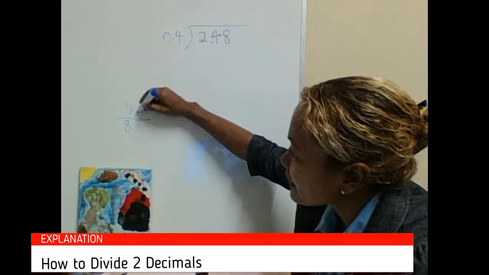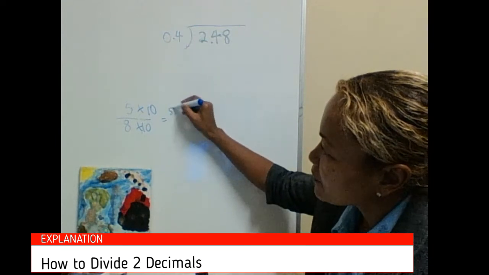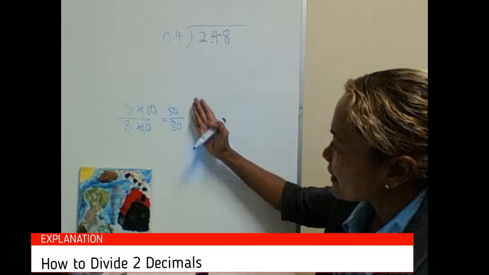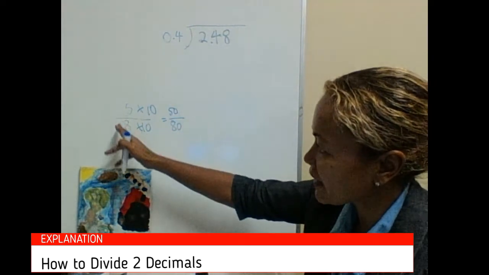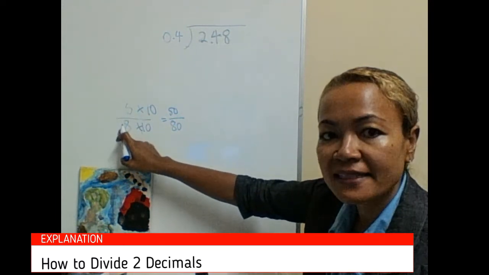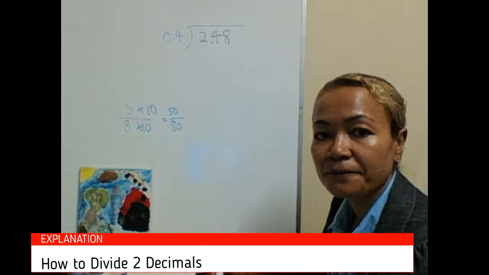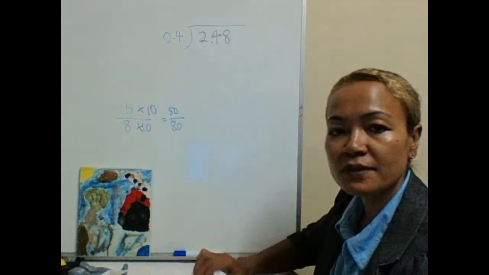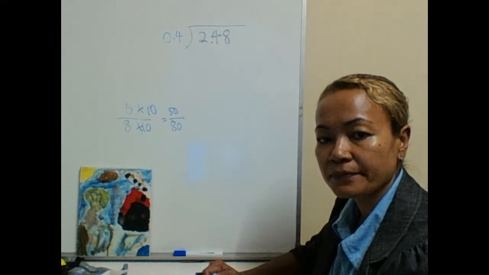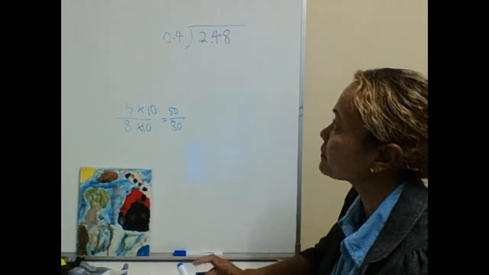So if you multiply the top by 10 and you multiply the bottom by 10, it'll give you 50 over 80. Yes? This fraction is equivalent to 5 over 8. So the answer from doing 5 divided by 8 is exactly the same as the answer from doing 50 divided by 80. So if you do something to the top, you can do the same thing to the bottom, and the answer is still exactly the same. Okay? But it only works if you do the same thing to the top and to the bottom.